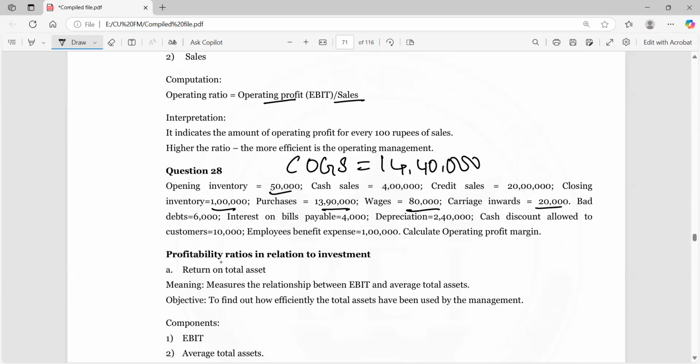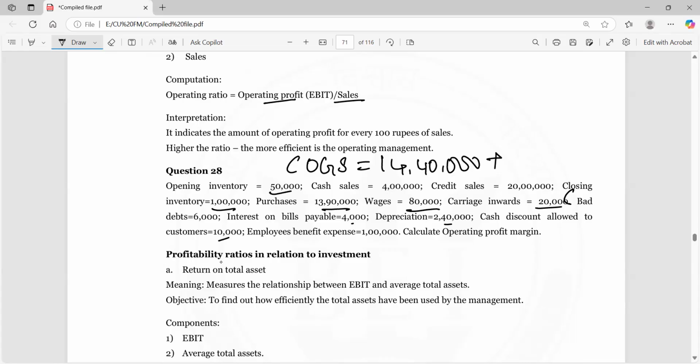Now what do we have to adjust from here? Bad debt, interest, depreciation and cash discount allowed. Don't subtract these from cost of goods sold. To cost of goods sold, they need to be added. From sales, all these things need to be subtracted. I hope you are getting the point. So what will be the operating expenses?